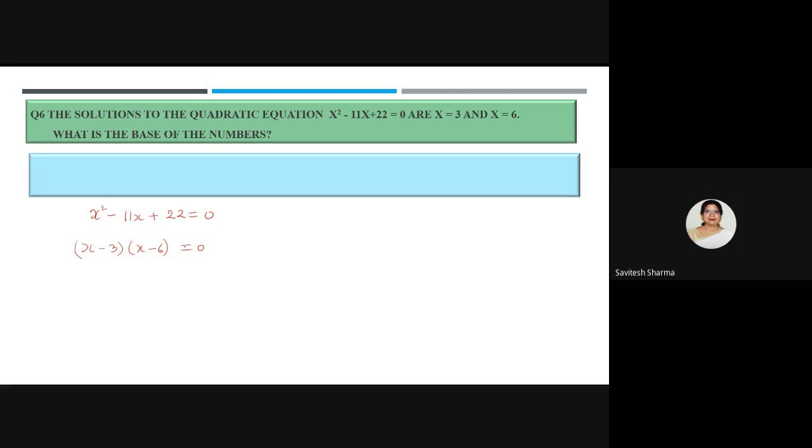So if you apply (x minus a)(x minus b) and multiply, you will get x square minus (3 plus 6)x plus 3 into 6. So what you will do is compare the coefficients of both equations. Let's say equation 2 is this, equation 1 is that.